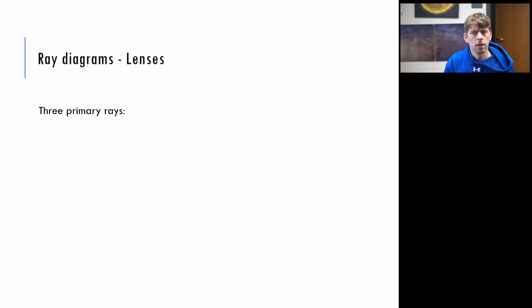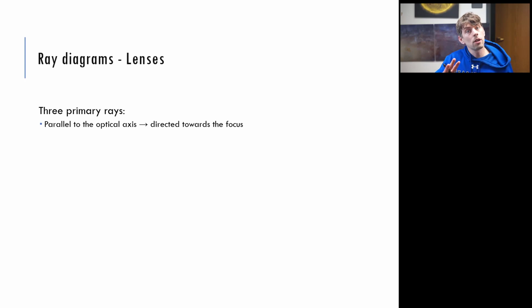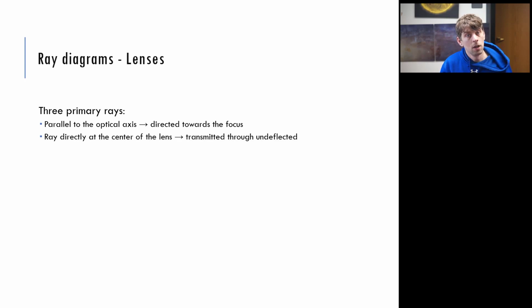First one, parallel to the optical axis, will, rather than reflecting off of a mirror, because we're not dealing with mirrors, we're dealing with lenses, propagate through a lens and be directed towards a focus. Number one. Number two, a ray that's directed at the optical axis will travel through the lens undeflected.